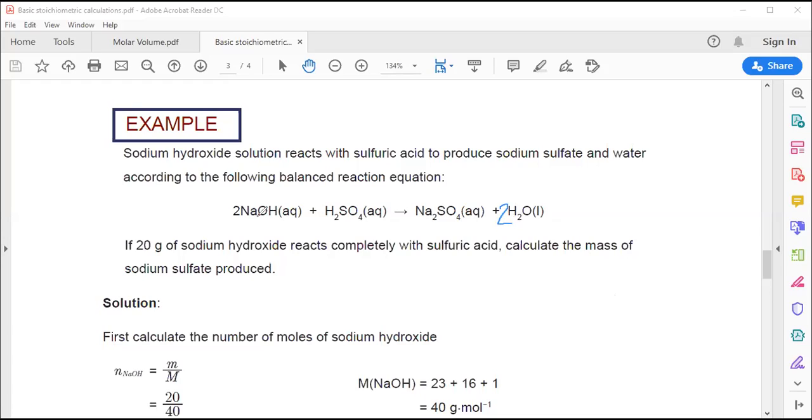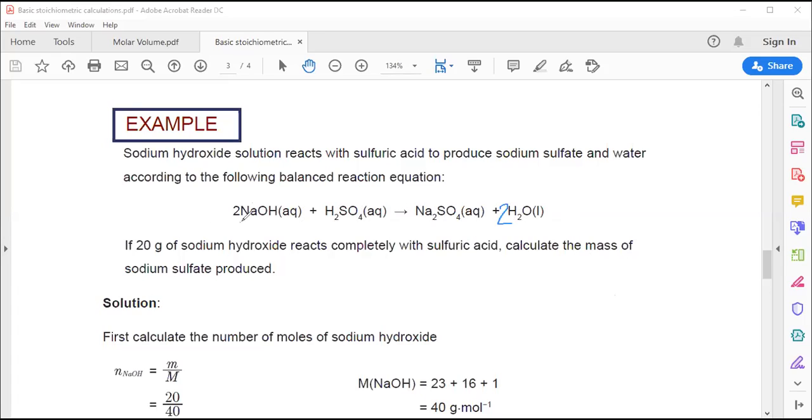So oxygen is 2, oxygen is 4, so 2 plus 4 gives you 6, and here you've got 4 plus 2, which gives you 6. Hydrogen is 2 plus 2, which is 4, and here we've got 2 times 2, which is 4. Sulfur is 1, sulfur is 1, so everything is balanced, so there's a 2 missing here. Clear? So the ratio is 2 is to 1, is to 1 is to 2.